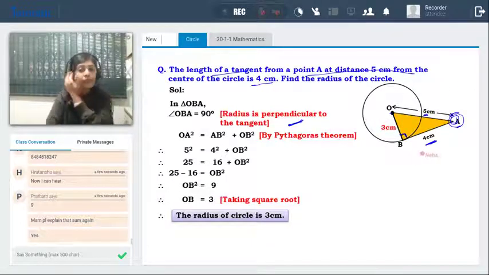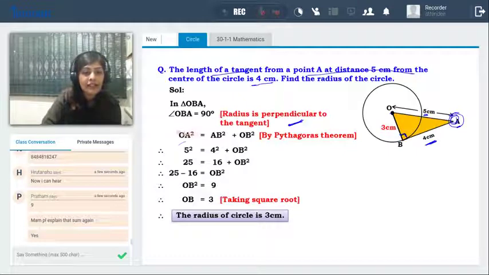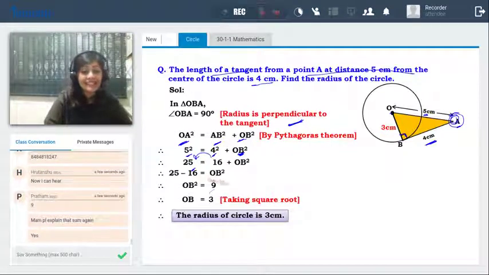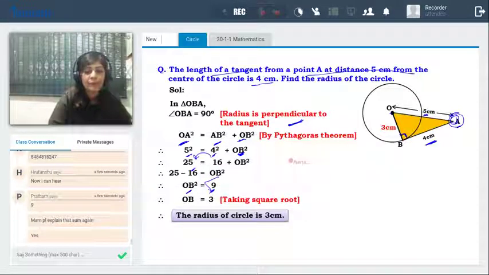Hypotenuse square, so OA square, is the sum of the squares of the remaining two sides, AB square plus OB square. So 5 square is 4 square plus OB square, which is the radius. 25 equal to 16 plus OB square. We need to shift 16 to the other side. Plus becomes minus. 25 minus 16 is 9. OB square is 9. Taking square root on both the sides, what we get is OB is 3.